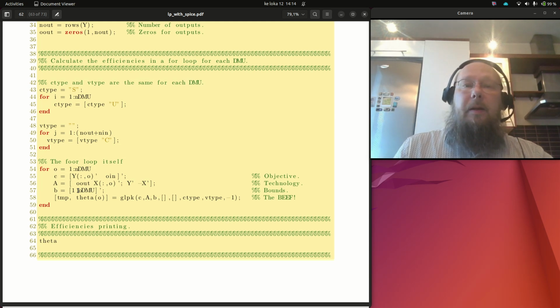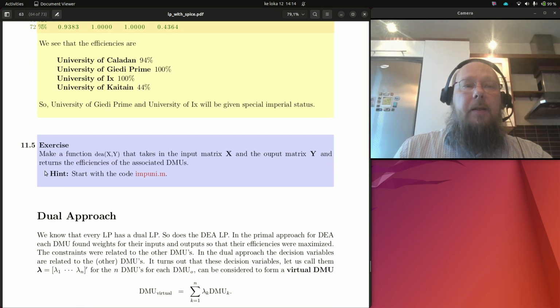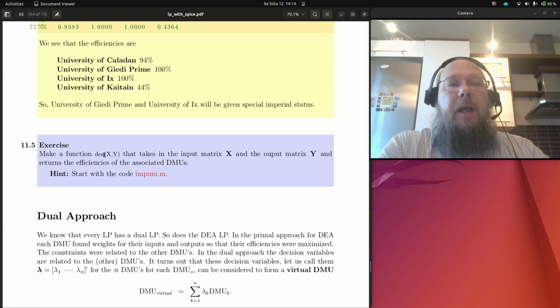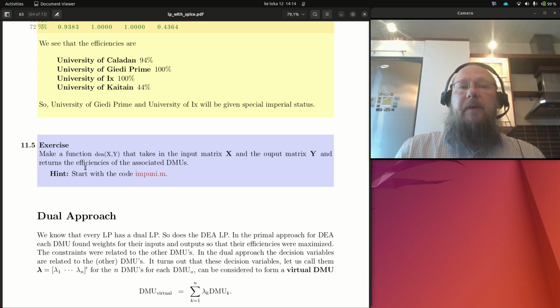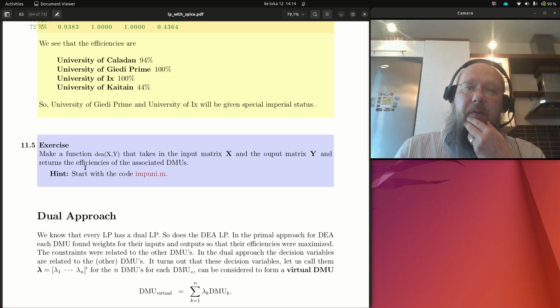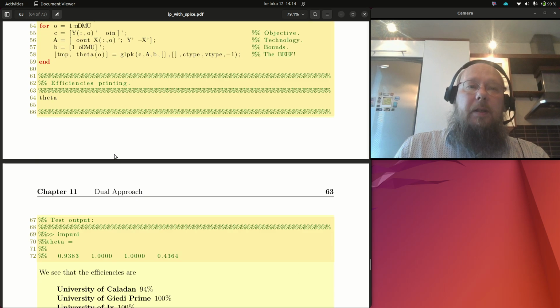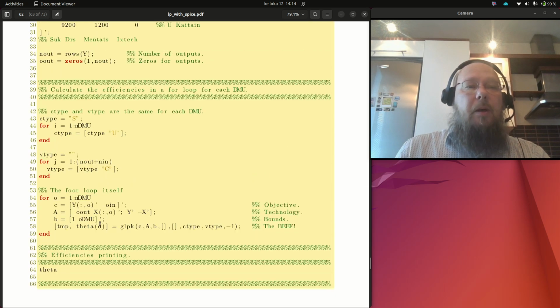And indeed, this is the exercise 11.5. So make a function DEA xy that takes the input matrix x and the output matrix y and then returns the efficiencies. And what's a hint for this? Well, it is this imp_uni.m. So somehow you should make this happen automatically, and it's almost there.